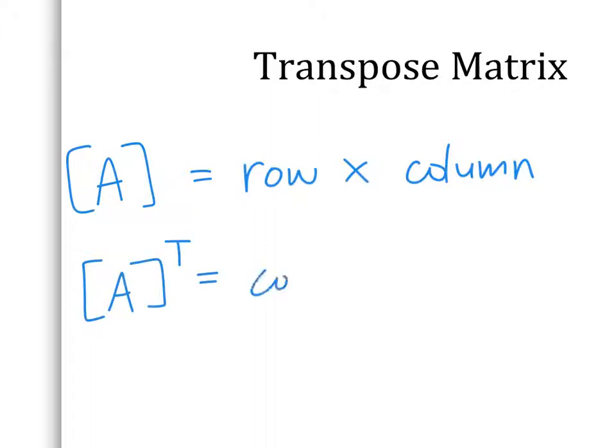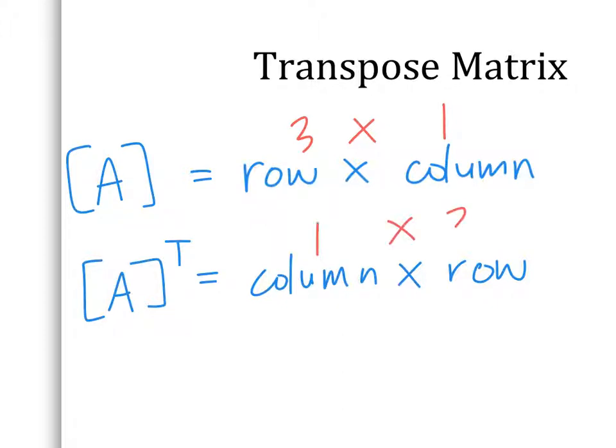You're basically just switching it so it's column by row. So for example, if you have 3 rows by 1 column, if you transpose it, you're going to have 1 column by 3 rows. The size is a little bit different, but the elements are the same in there.